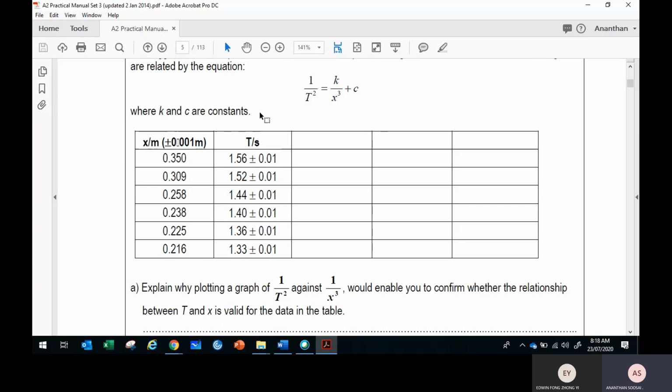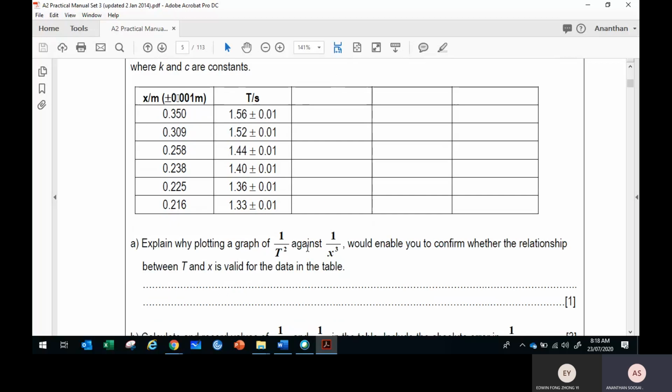But specifically we go for 1 over t squared and 1 over x cubed to get a straight line. When you get a straight line, we can prove the equation correct or wrong. All physics scientists want to go for a straight line. So in the first question they'll ask why plotting 1 over t squared against 1 over x cubed would enable us to confirm the equation is correct. The purpose of this experiment is to prove whether the equation is correct or wrong.